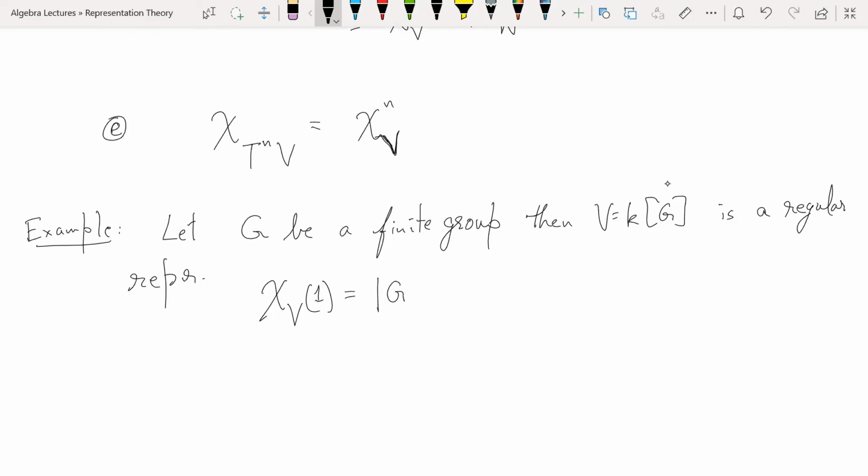So it's size of G. That we know. Now suppose you take g in G such that g is not the identity, g not equal to 1. Then what is chi V of g? It will be 0 because there is no fixed point.